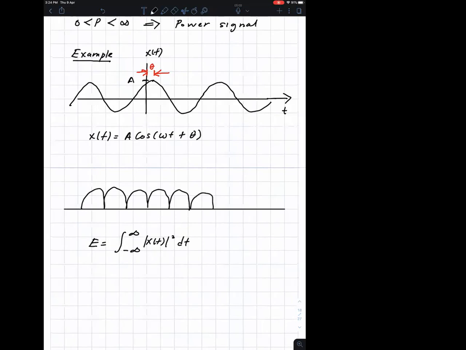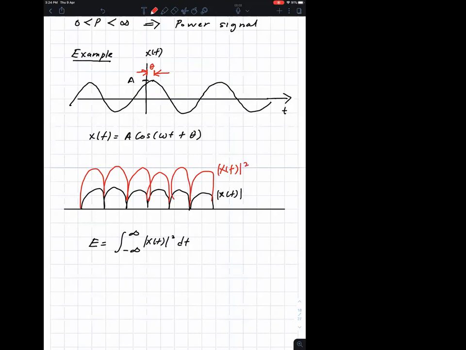You're not only rectifying it, you're also squaring it. When you square it, it becomes higher. I don't know how high this is, but just to give you an idea what this formula is doing.